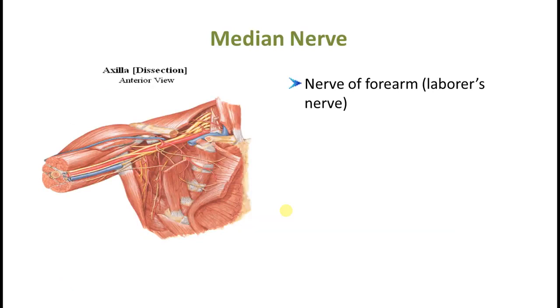Okay. So, to start with, we are going to deal with the median nerve. The median nerve is also called the laborer's nerve. Why do we call the median nerve the laborer's nerve? Because it mostly supplies the muscles of the flexor compartment of the forearm.